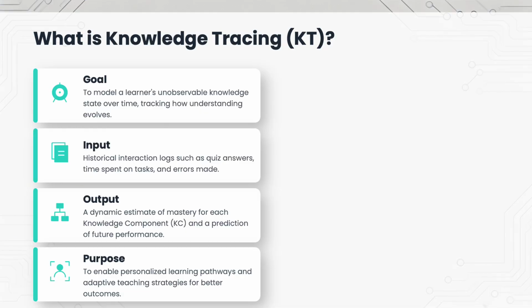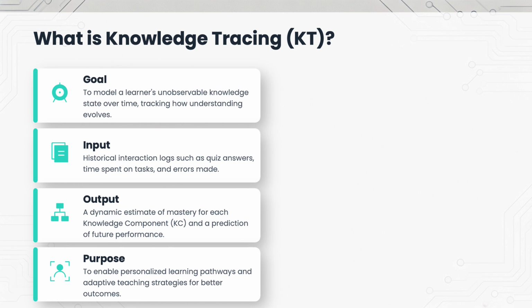Let's dive in. So, what exactly is knowledge tracing? At its core, it's a powerful concept in educational technology. Imagine you have a student using an online learning platform. Every time they answer a question, that's a data point. Knowledge tracing takes all these historical data points, these interaction logs, and uses them to do two amazing things.